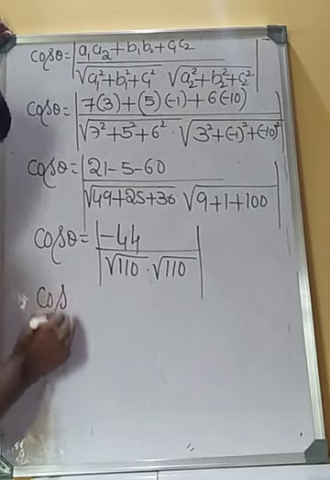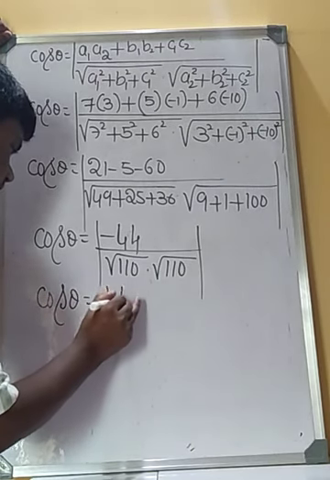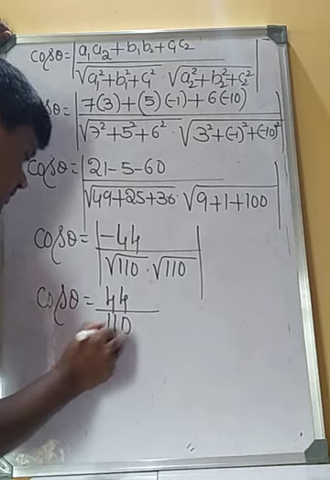Therefore, cos theta is equal to 44 by 110.